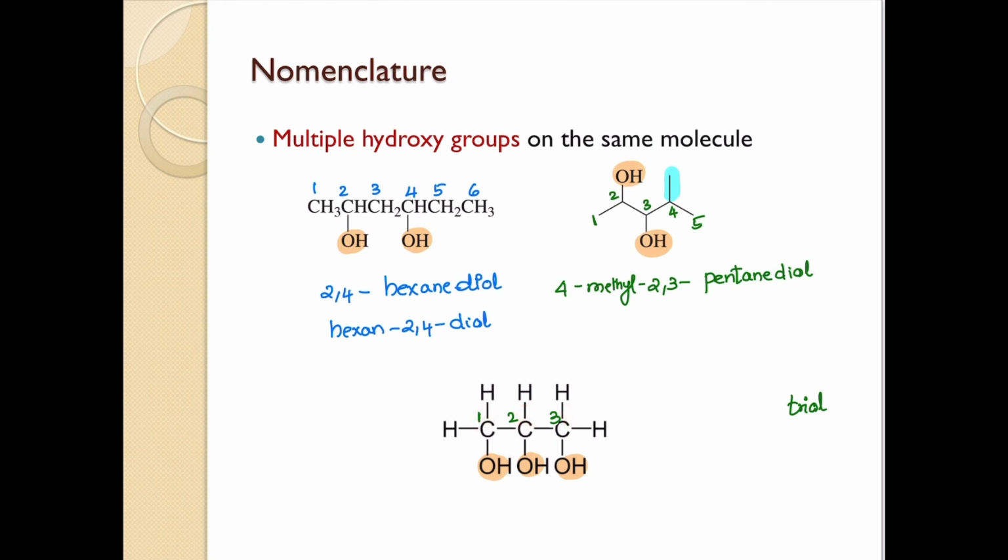So either way, it's going to give you exactly the same number, right? Because it has 3 carbons, it's going to be propane. And the hydroxy groups are present on the first carbon, second carbon, and third carbon. So it's going to be propane-1,2,3-triol, or you can also write it as 1,2,3-propanetriol. Either way, it should be right.